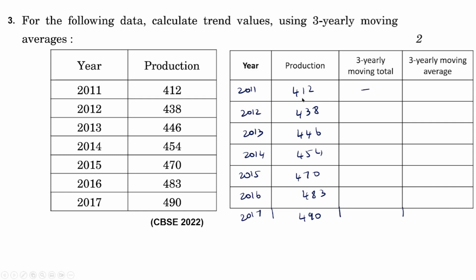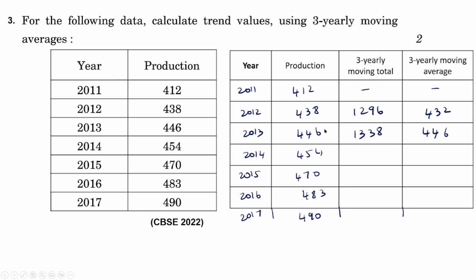Then for 2012 it is 412 plus 438 plus 446, it is 1296. The 3 yearly moving average is 1296 divided by 3, which is 432. Then for the next year 2013, it is 438 plus 446 plus 454, it is 1338, divided by 3 is 446.